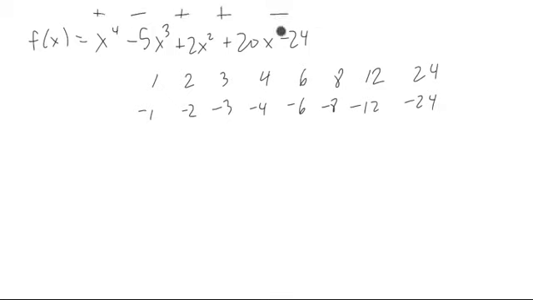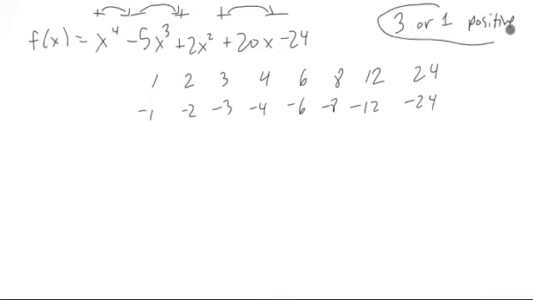Reading from left to right, we notice one sign change, another sign change, no sign change, a third sign change. Okay, so there's 3. That means the number of positive x-intercepts is either 3 or 1. Remember how we go down by an even number. So that means we definitely want to leave our positive list for now.